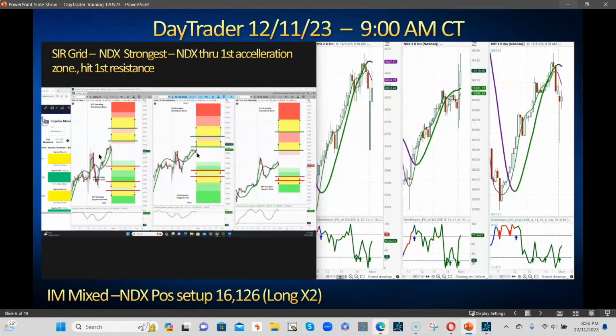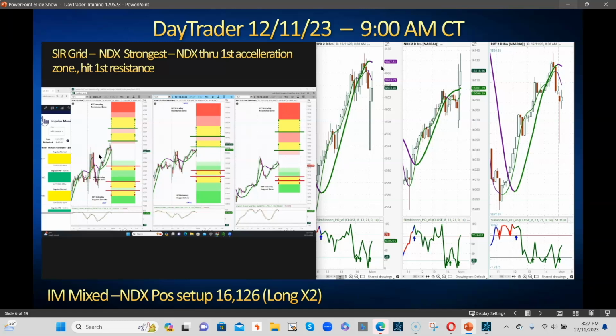This is clearly a sign that the NASDAQ is the strongest index. I want to identify that because if my trade is a long side trade, then it's going to be a trade that is likely going to be in the Russell, because you can see in here that the impulse monitor is green. So that's telling me the energies behind the market are positive.